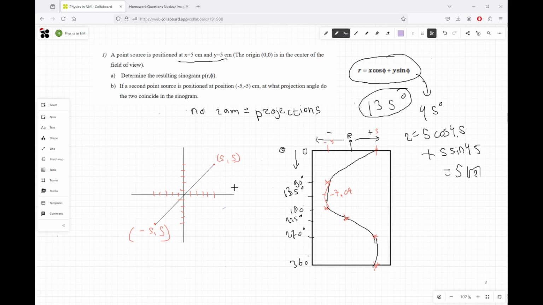So now the question is, at what projection angle do the two coincide? So again, we assumed that this was the initial angle. So this is our 0 starting point. So this angle is 45 degrees.